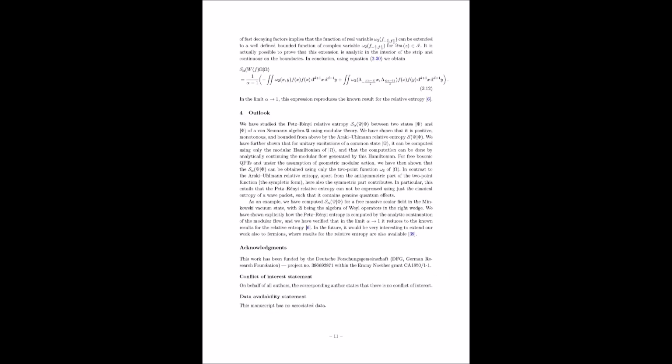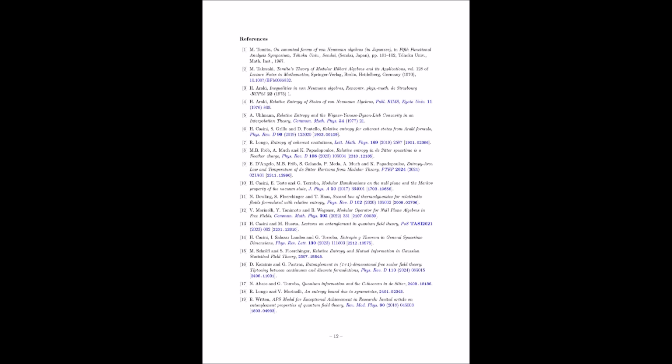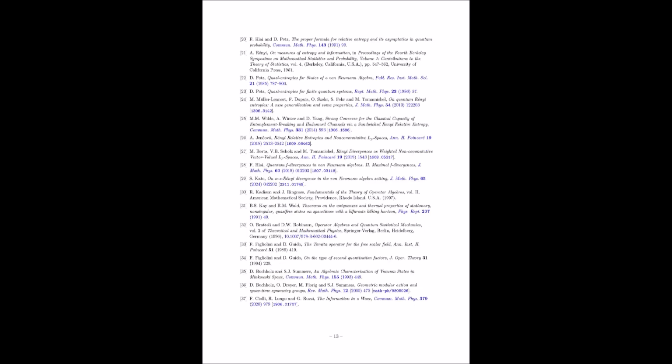The paper then delves into some of the mathematical properties of the Petz-Rényi relative entropy. Can you walk us through some of the key results? Sure. So they start by laying out a rigorous mathematical foundation. They define the Petz-Rényi relative entropy using a spectral integral involving the relative modular operator, a concept that's rooted in modular theory. That sounds pretty heavy-duty.